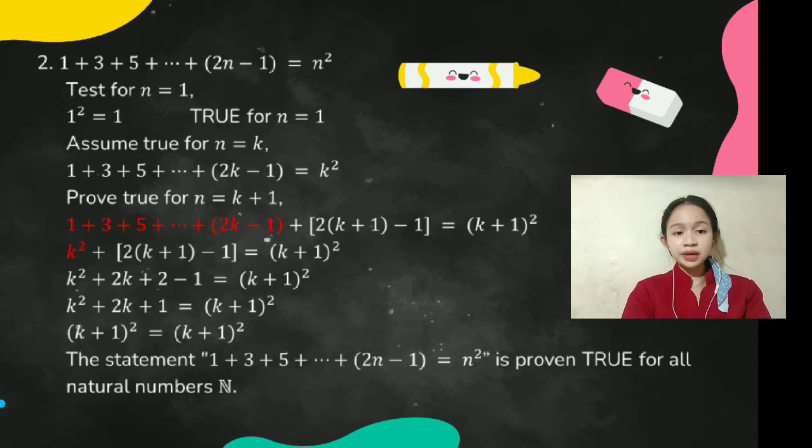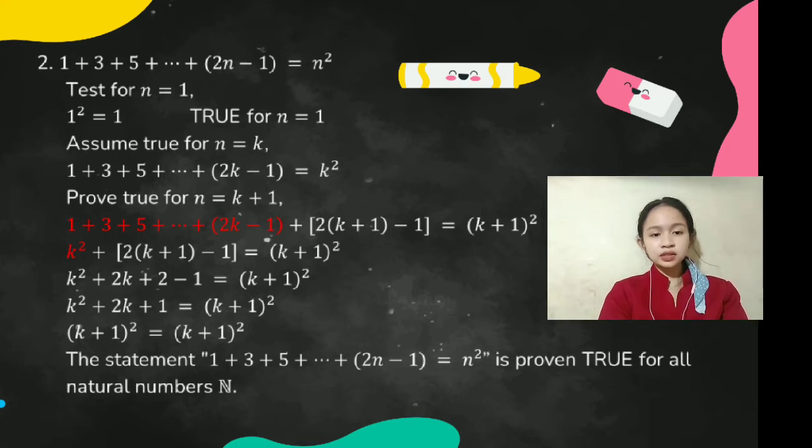K squared plus 2k plus 2 minus 1 equals, bring down the k plus 1 squared. K squared plus 2k plus 1 equals, bring down again k plus 1 squared.